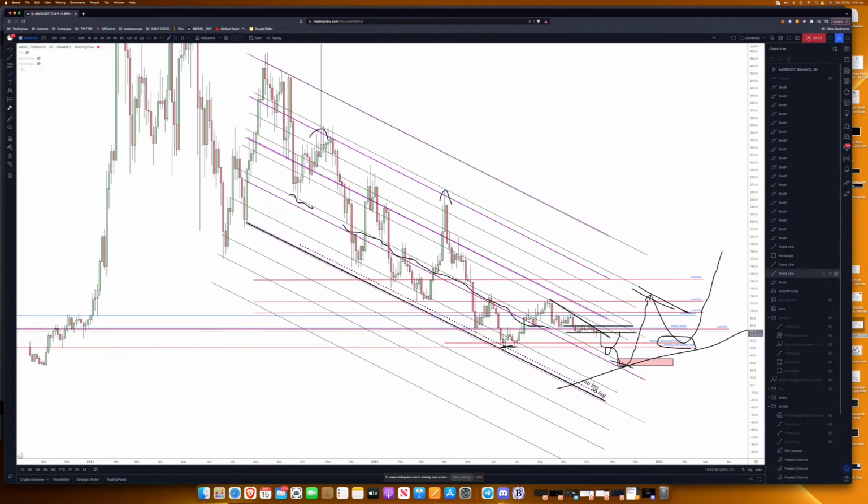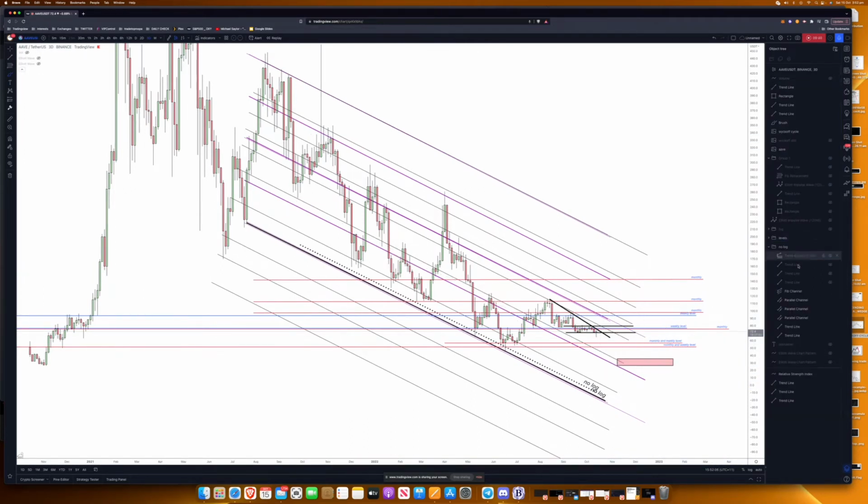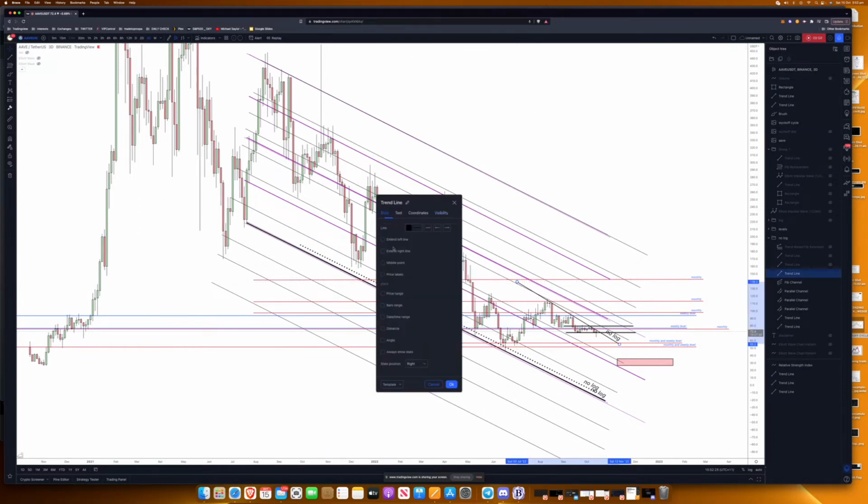If I just enable a few other things, let's see how that looks. What else do we have in common? If I was to add these on, I had that already there. Just make that thicker.